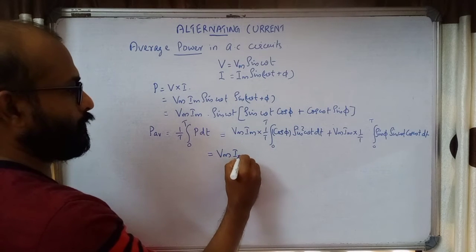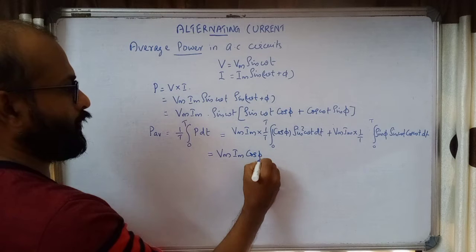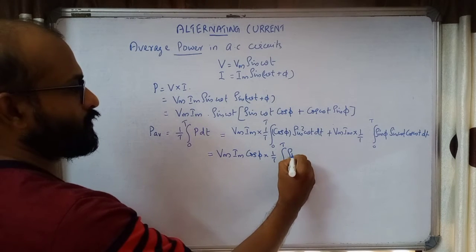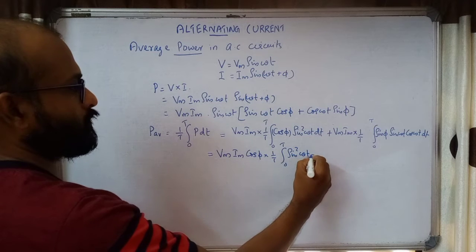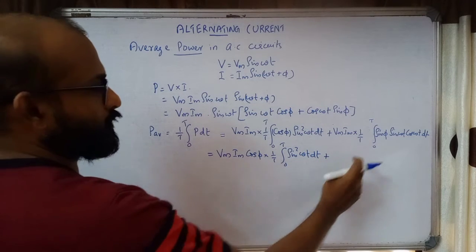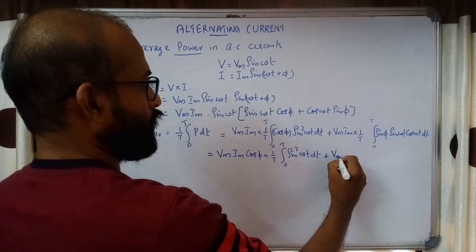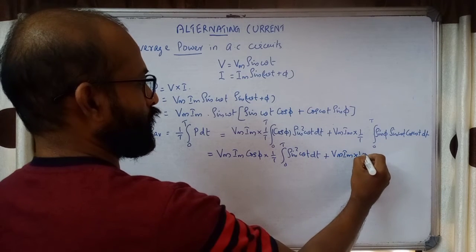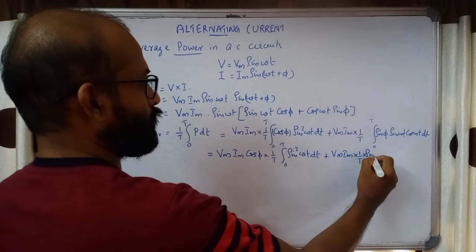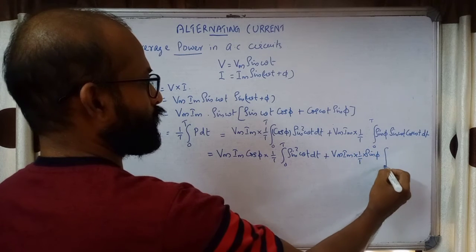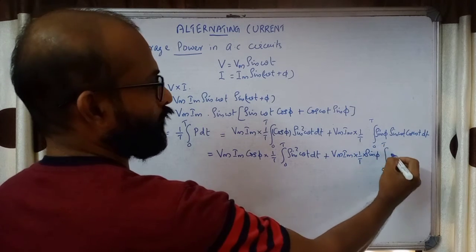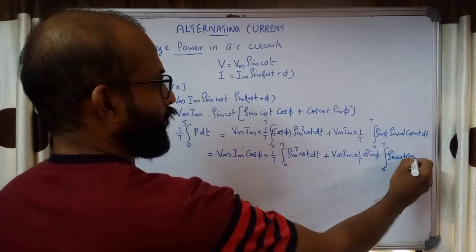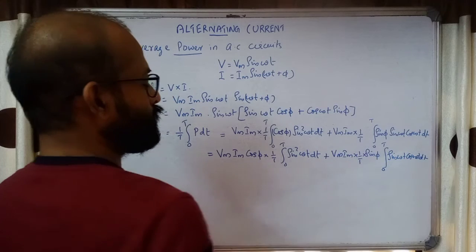The first term is Vm Im cos φ into (1/T) ∫ from 0 to T of sin² ωt dt. Plus, taking sin φ as constant, Vm Im into (1/T) into sin φ, and inside the integration we have sin ωt cos ωt dt.